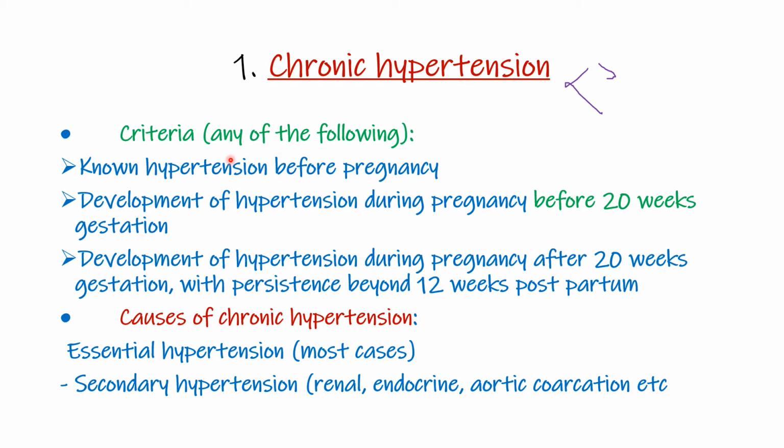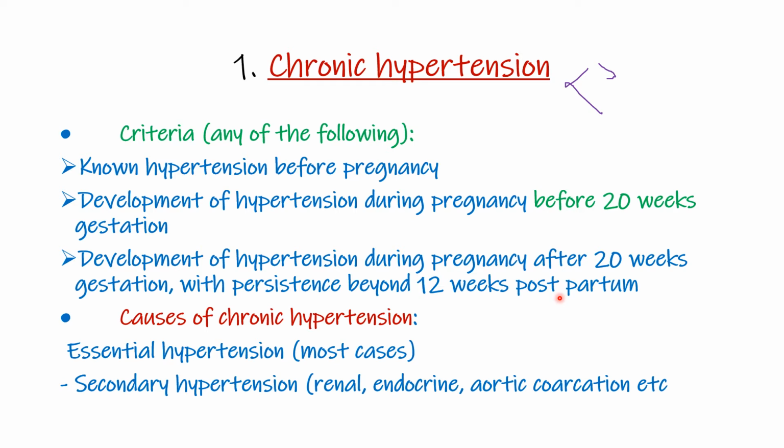Kindly note it is any of the following. This is hypertension before pregnancy, as we already said, and this is development of hypertension during pregnancy before 20 weeks of gestation. And then here we have a third criterion, where we have development of hypertension during pregnancy after 20 weeks. However, this hypertension has to persist beyond 12 weeks postpartum.